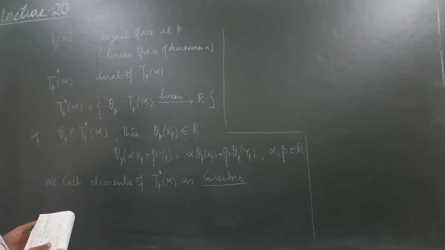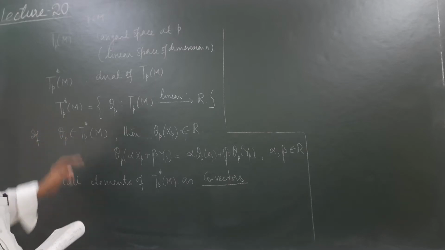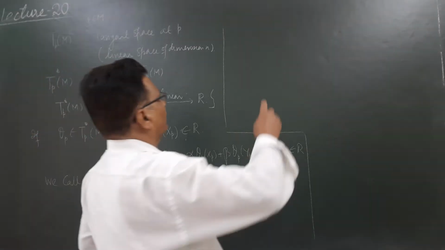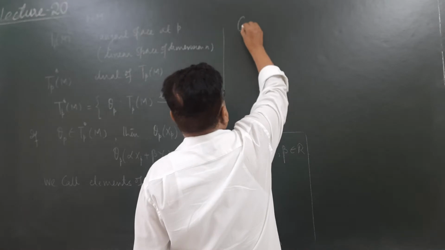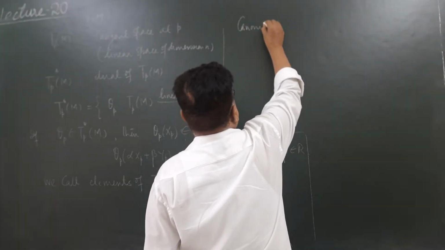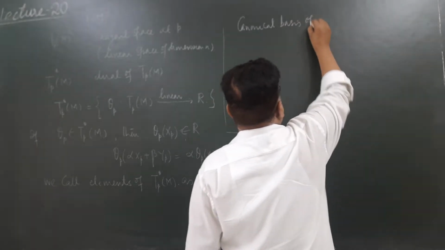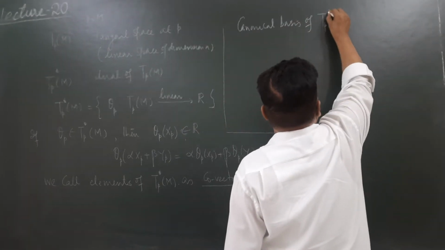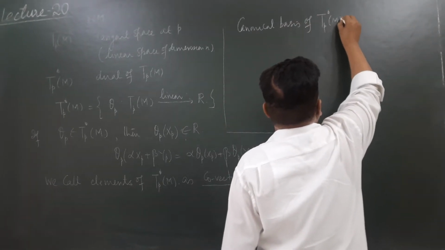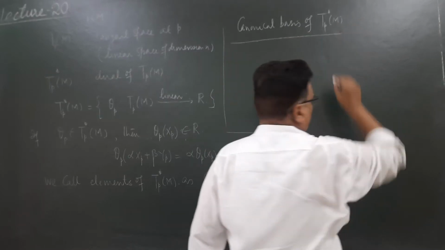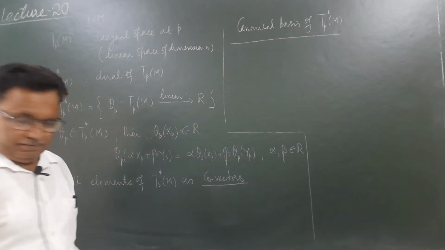अच्छा, अब नाउ वी विल फाइंड आउट बेसिस फॉर Tp स्टार M, कैनोनिकल बेसिस. So let us work out the canonical basis of Tp star M. So geometrically, how will we picture this?